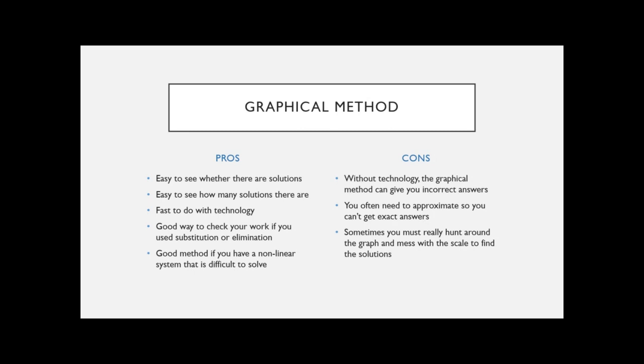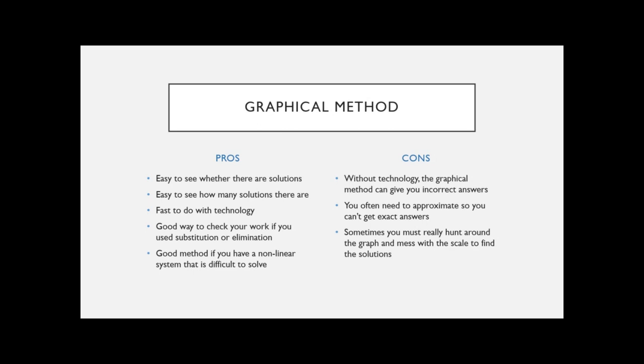Now there are some cons to doing this by graphing. If you don't have technology and you're graphing by hand, you could get incorrect answers because your graph is not correct, or it's not to scale. Like if you don't use graph paper, you can have things slightly off. It's just very difficult to get exact answers graphing by hand.